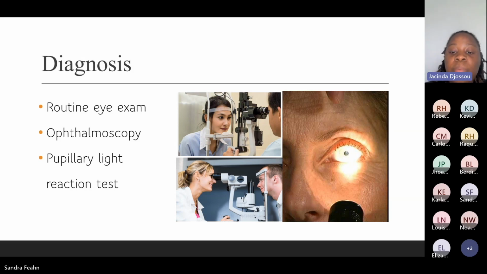So in patients with optic neuritis, the optic disc becomes swollen. And then in this image to the far right, we see the pupillary light reaction test, in which a doctor moves a flashlight in front of your eyes to see how your pupils respond when they are exposed to bright light. So in patients with optic neuritis, we see that the pupils won't constrict as much as pupils in healthy eyes when exposed to light.